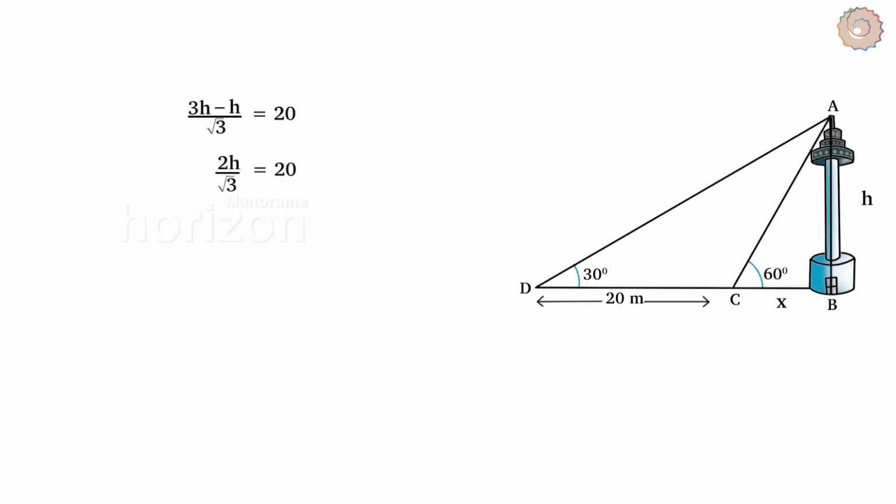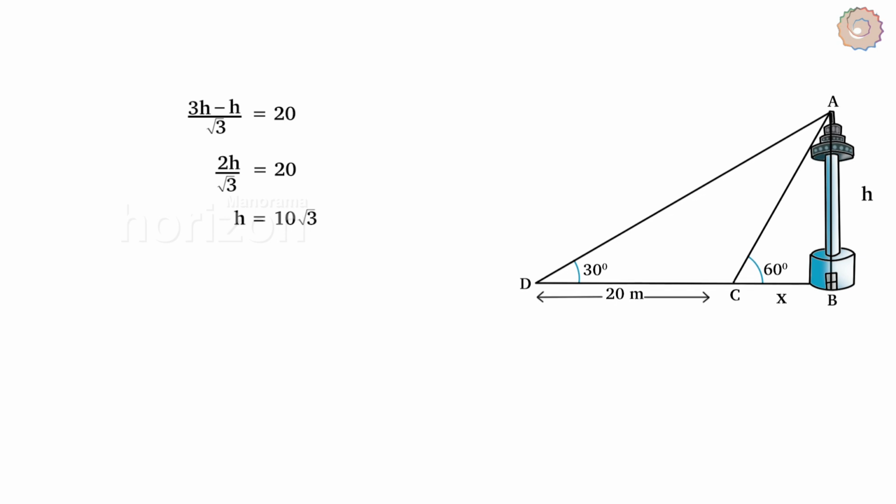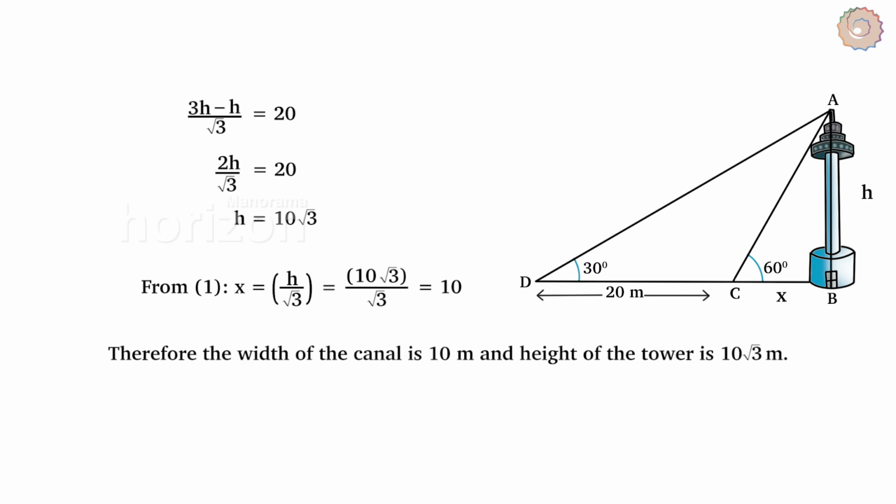That is 2h by root 3, which is equal to 20. Solving for h, we get h as 10 root 3. Now from equation 1, x is equal to h by root 3, that is 10 root 3 divide the whole by root 3, which is equal to 10. Therefore, the width of the canal is 10 meter and height of the tower is 10 root 3 meter.